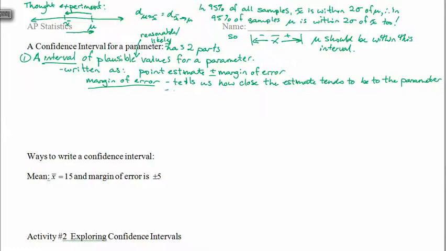In other words, it's the distance plus or minus from the point estimate. Remember, the point estimate is the value of the statistic that we are going to use to try to estimate the parameter. So it's the distance plus or minus from the point estimate used to create our confidence interval.